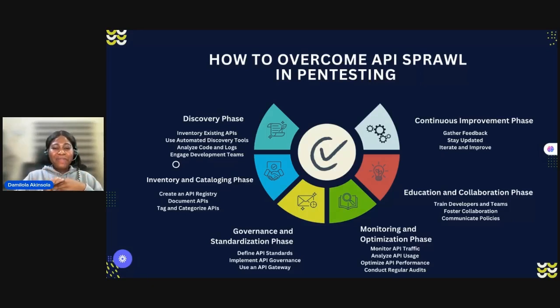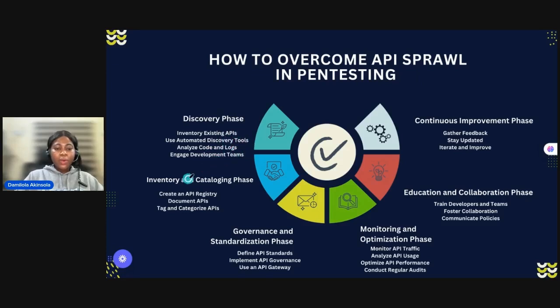But if you want to have a great API inventory, you're going to want to increase the intensity of your relationship with your developers because they are the ones building these APIs. They know all the API endpoints and they can help you identify the hidden APIs and bring them into your security framework.